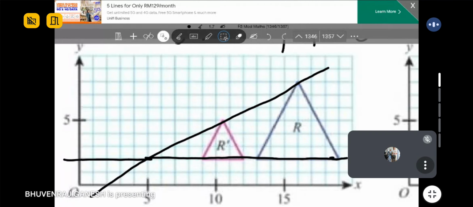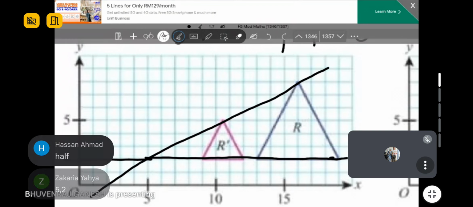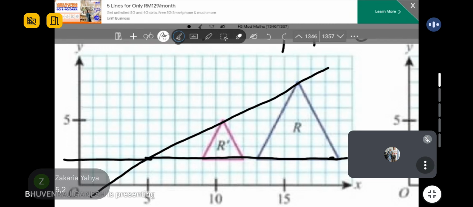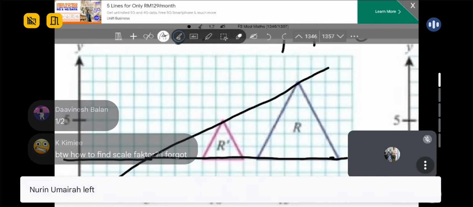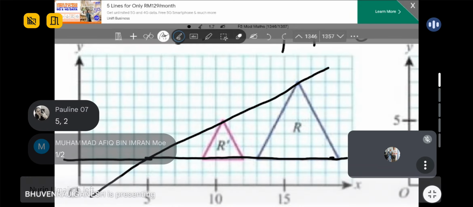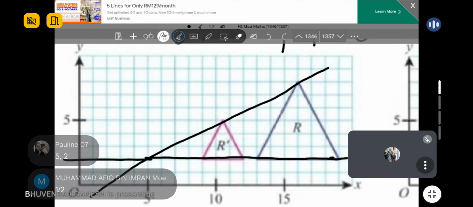Now, what is the scale factor? Same. Scale factor. Okay, yes. The answer is 1 over 2.